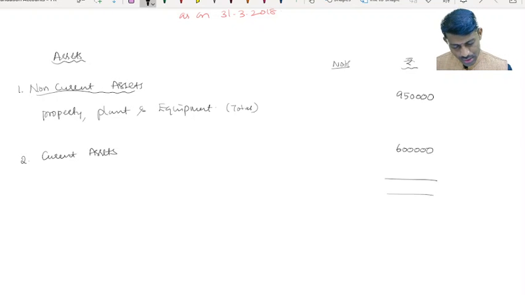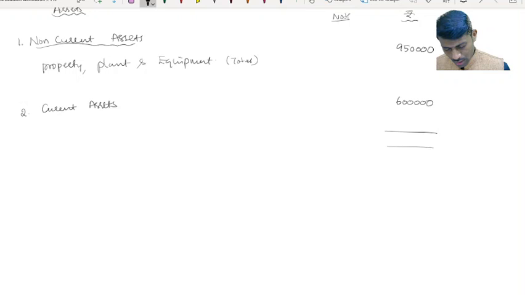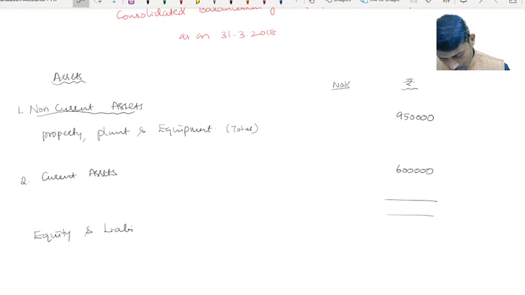So that's it for this. Then we can go with equity and liability. Goodwill. So here intangible asset hyphen goodwill, goodwill 4,000.